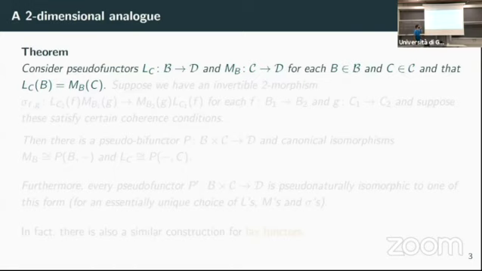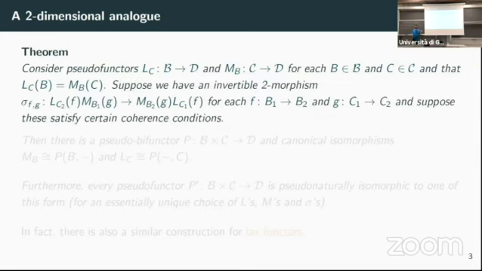They satisfy similar conditions. As you might guess, instead of requiring an equality on the morphisms as before, now we require that there is some invertible 2-morphism between them, in fact a family of these, one for each 1-morphism you might put in. These will then need to satisfy certain coherence conditions, which I will talk about soon.